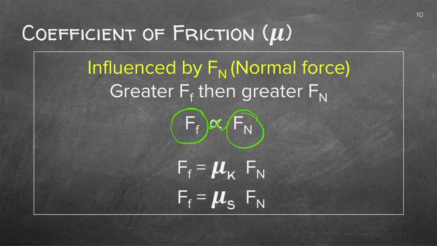Now, can you recall what the normal force was? It was from the surface upward. And as you see, if this is giving greater resistance, that normal will increase. So it's directly proportional.